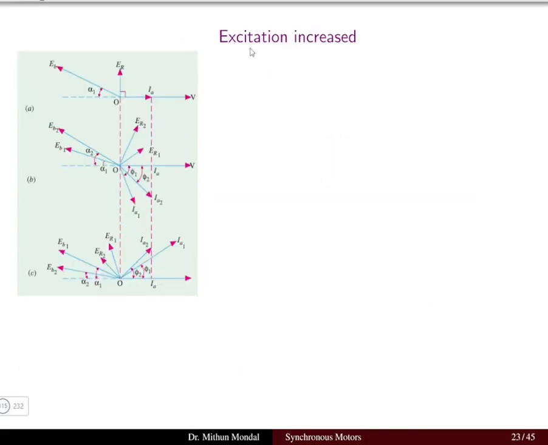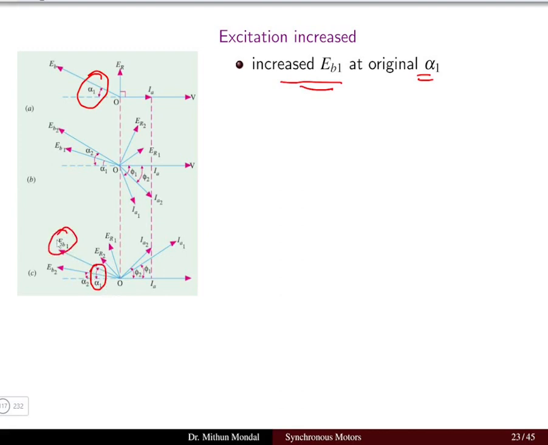But what happens if the excitation is increased? When the excitation is increased, this will increase the value of EB1 at original alpha 1. So keeping the value of alpha 1 constant, we are going to increase the value of EB1 from the original EB.